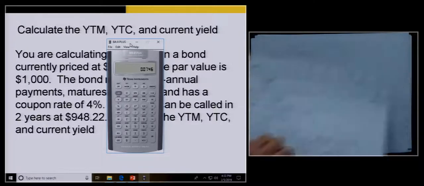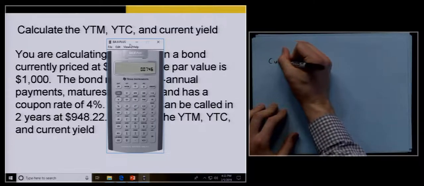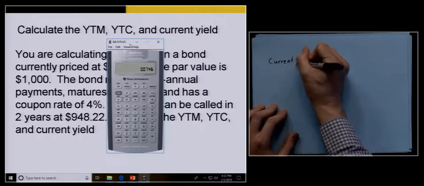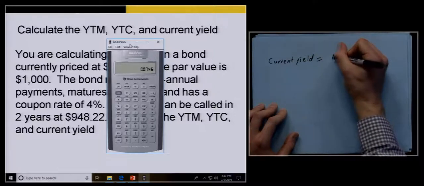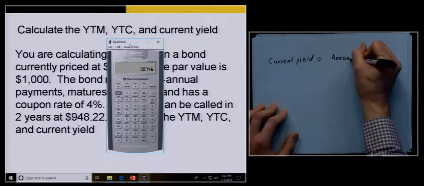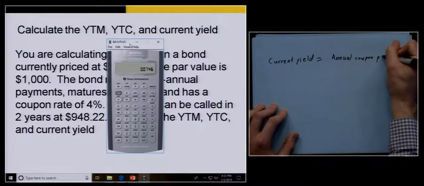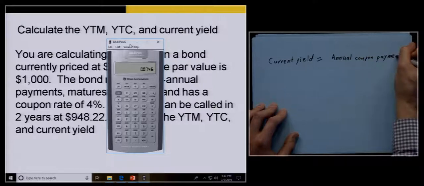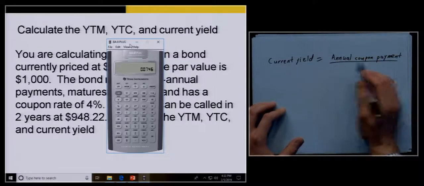All right, let's calculate the current yield, the last thing that we have. So I'm going to get rid of this stuff, and I'm just going to write our current yield formula. Our formula here is just our total annual coupon payments.